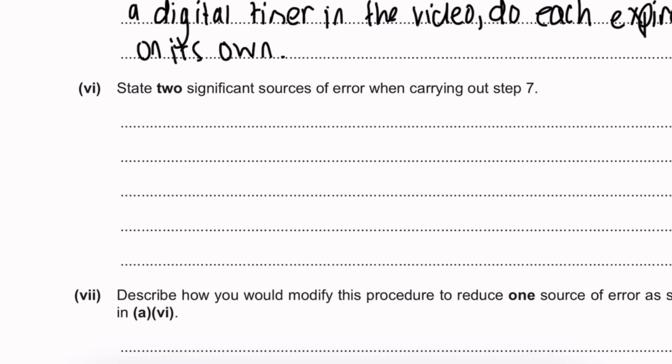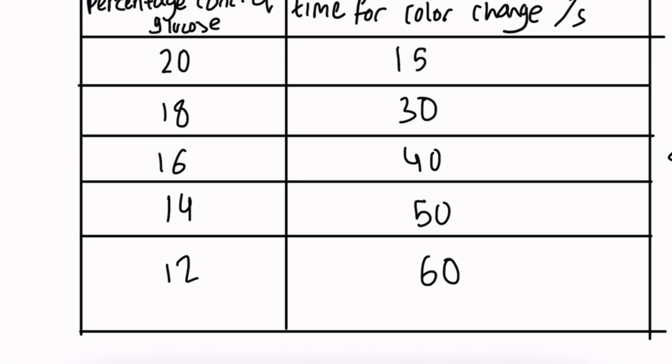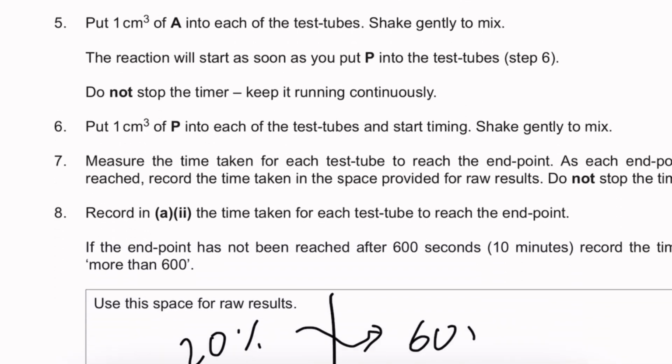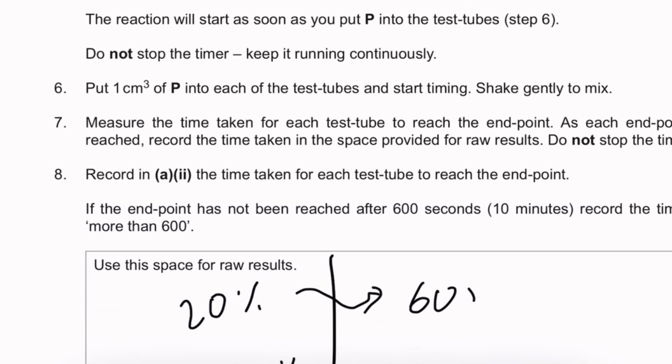Okay. State two difficulties or significant sources of error when carrying out step 7 here. Measure the time taken for each test tube to reach the endpoint. As each endpoint is reached, record the time taken in the space provided for your results. Well, it's given away in the step, but whenever it comes to color change, it's always the endpoint.